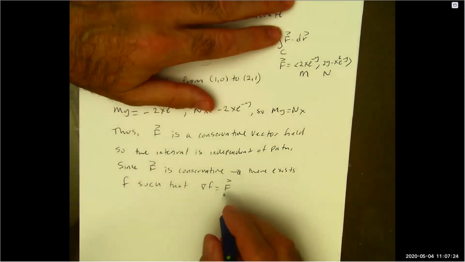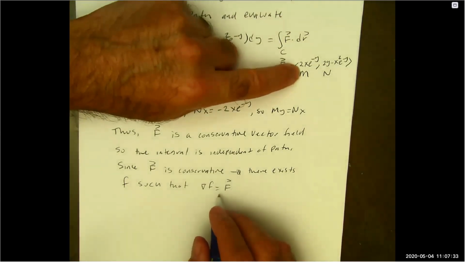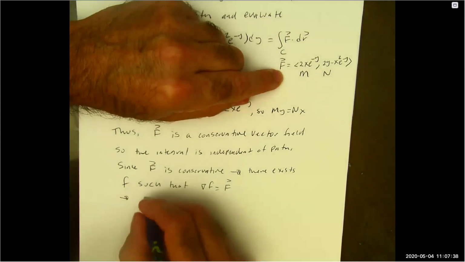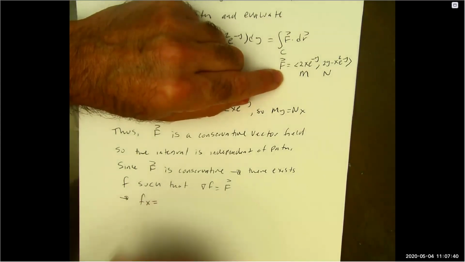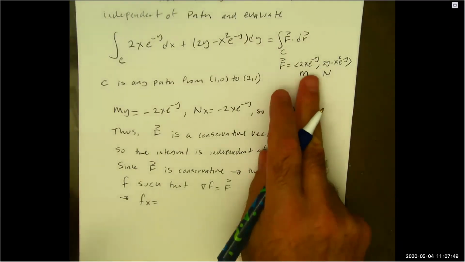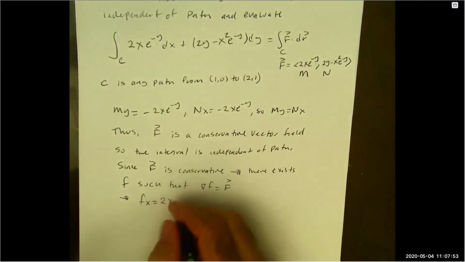And so remember that the gradient of f is the vector where the first component is fx and the second component is fy, and that's equal to this vector field. So this implies that fx has to be equal to what? This one, 2x e to the minus y.